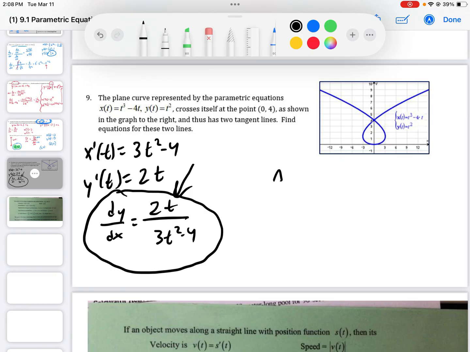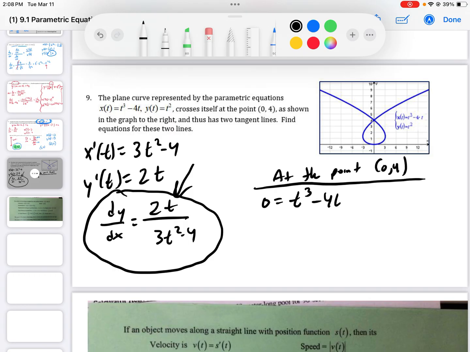So at the point (0, 4), I want to find out, if x is 0, what is the t number? When y is 4, what is the t number?